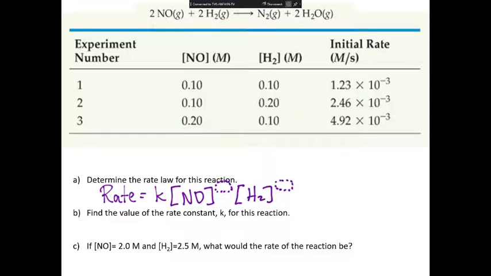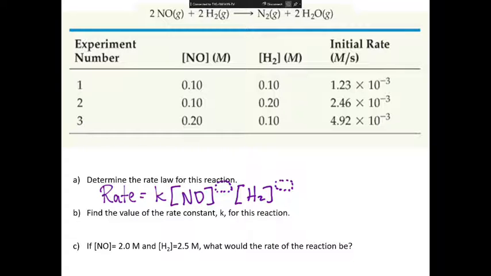So NO comes first, so I want to find 2 reactions, 2 experiment numbers, where NO changes, but H2 is held constant. Will, what are 2 reactions that you see where NO changes but H2 is held constant? So focus on H2 at first then.